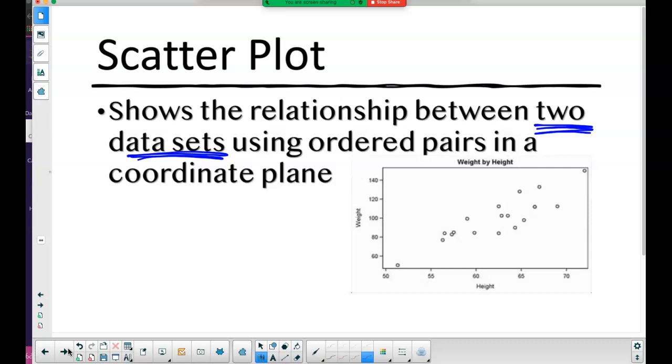And so maybe I'm comparing the height and the weight of students in 7th grade. I could compare your shoe size to your height. And we might see that the taller you are, the bigger feet you might have. Would that make sense? But maybe not.